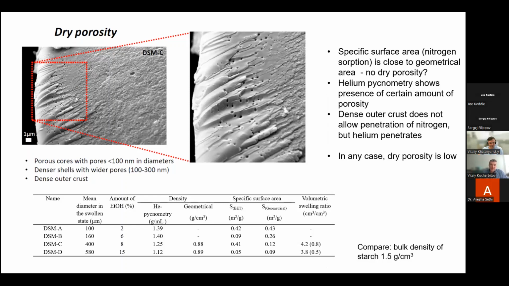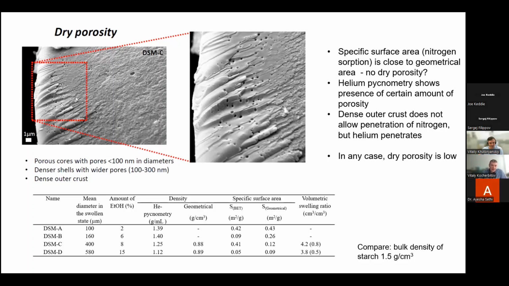So from geometry, we determined the expected surface area, and you see they are in relatively good agreement, at least in order of magnitude, and in many cases in very good agreement. That would assume that the gas sorption happens only at the surface, which means the particles are non-porous.